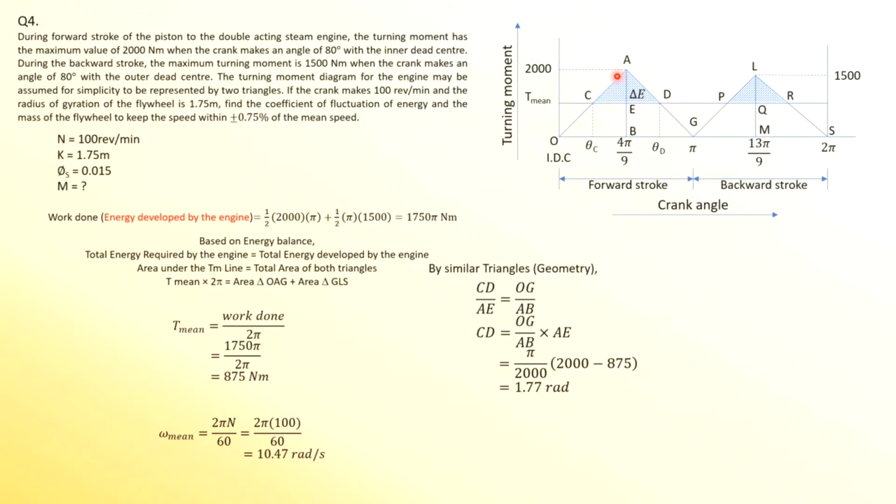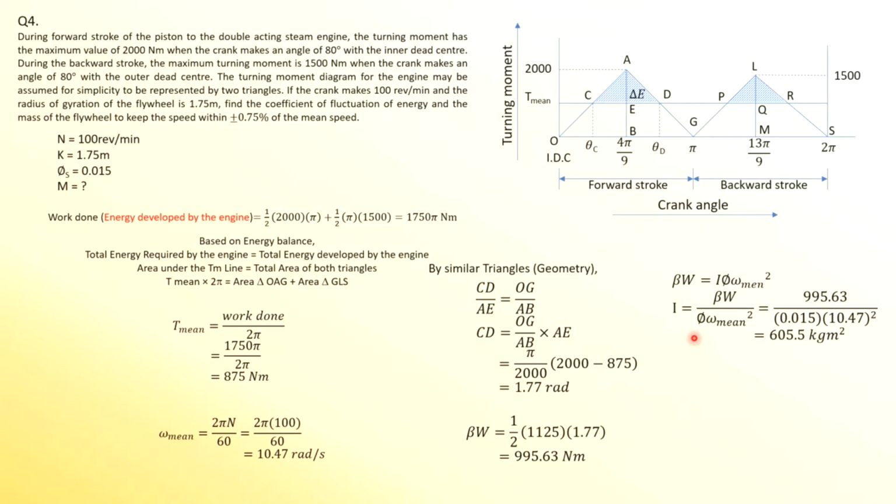From that, we can find the greatest fluctuation of energy, delta E. The area will be half times height times base, so the height is 1125 and the base is 1.77. That gives you the greatest fluctuation of energy.